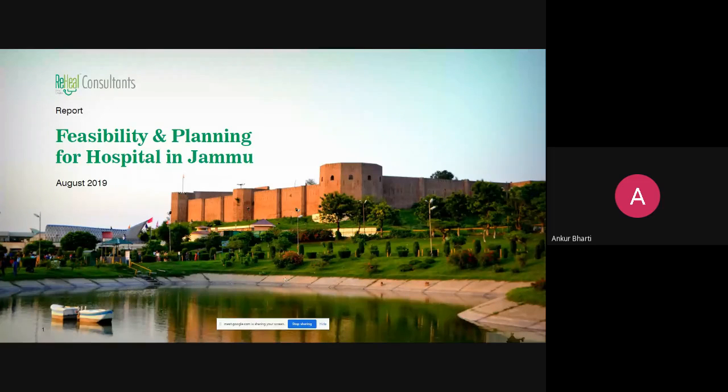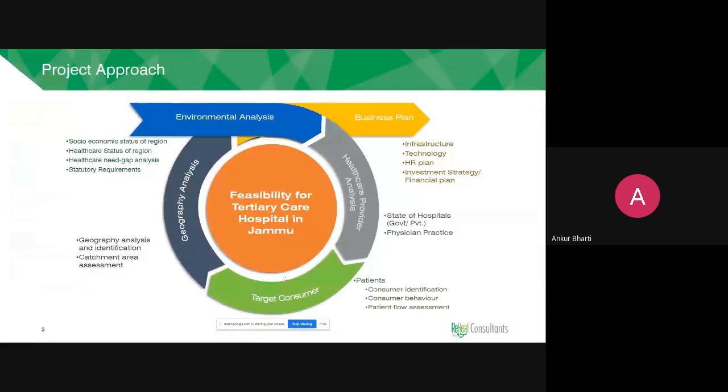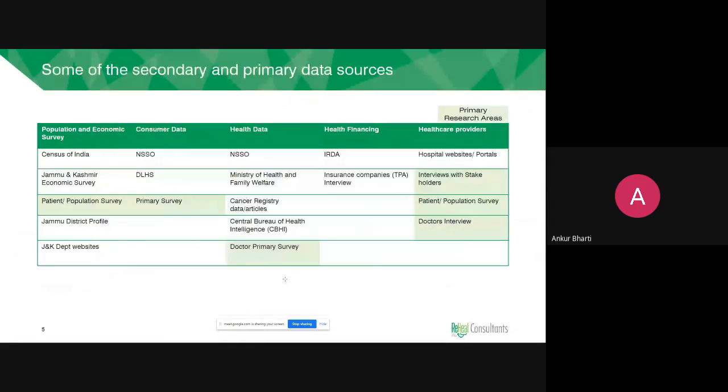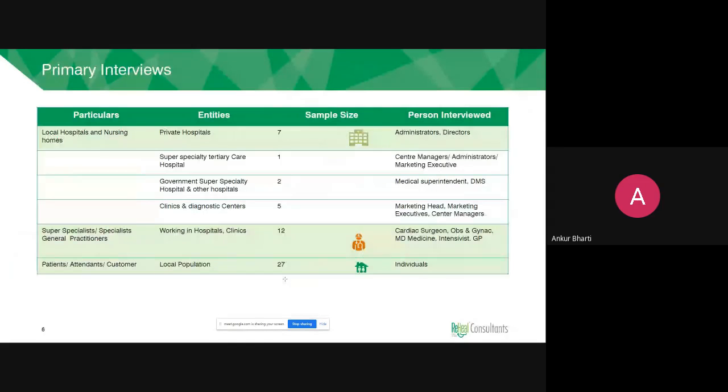We had to do a feasibility for a hospital. The client was completely from a non-healthcare background. So we defined the whole proposal for the project for them in a very similar fashion. We did a primary survey as well. Now, as I said, in these kinds of strategy projects and micro market analysis, the research is a smaller component. Sample sizes are very small, so to say.